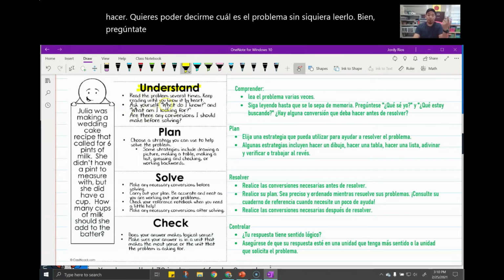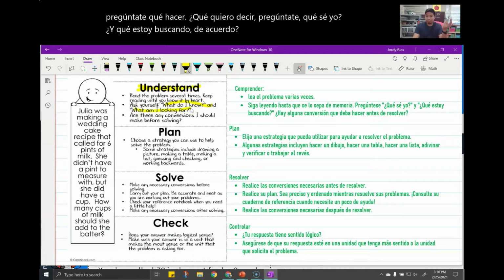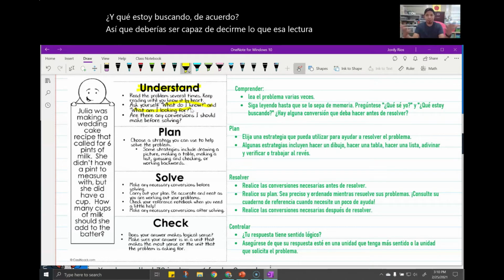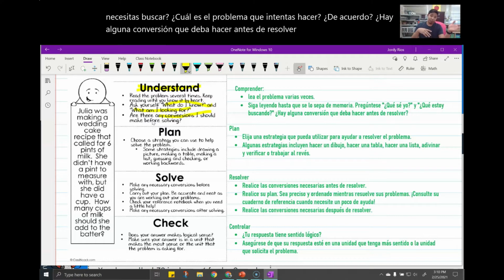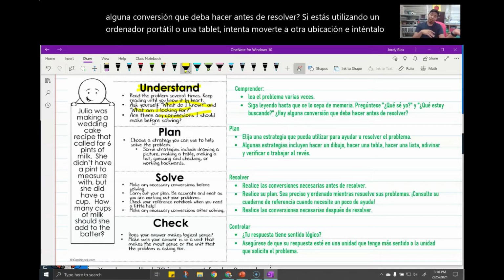Ask yourself, what do I know? And what am I looking for? Okay, so you should be able to tell me without reading the question, what do you need to look for? What is the problem that you're trying to do? Okay, are there any conversions that I should make before solving? Do I need to convert before I do anything else, or do I need to figure out something and then convert? Which one of the two?